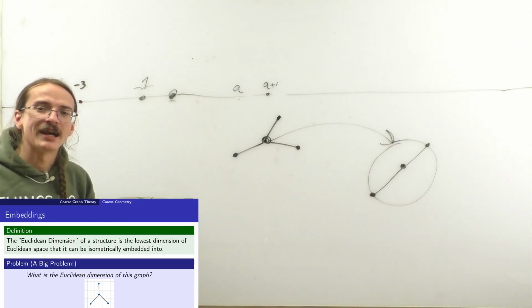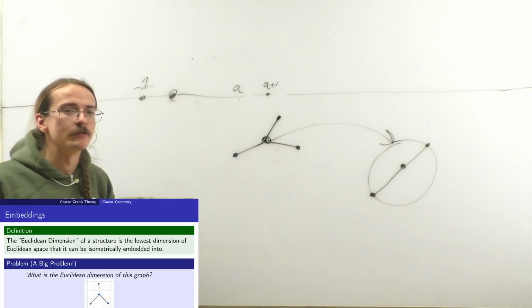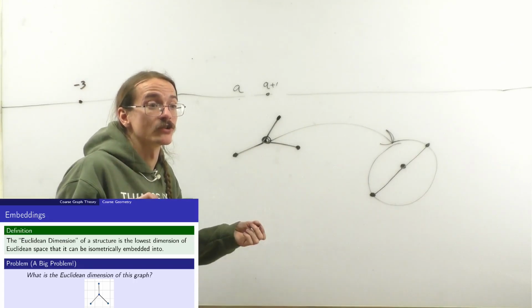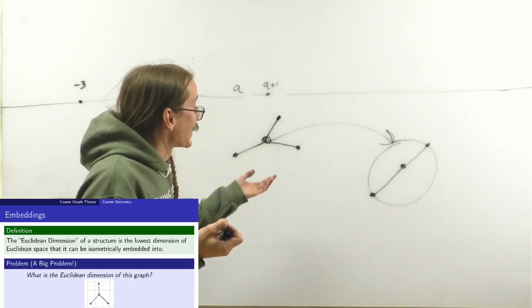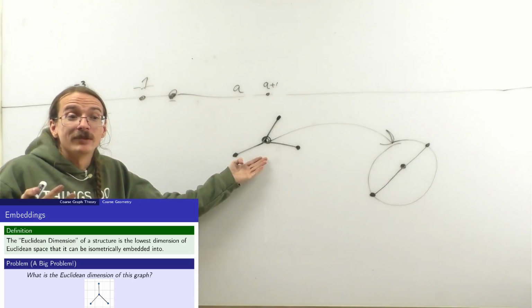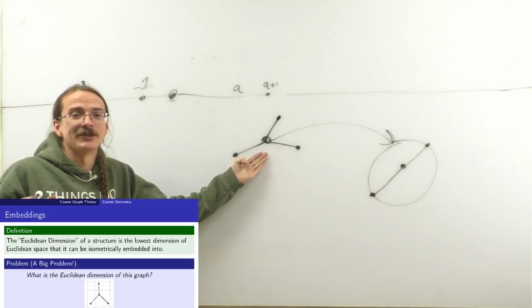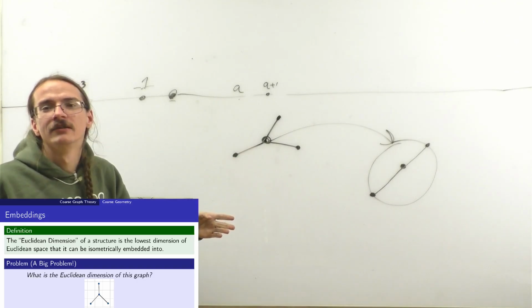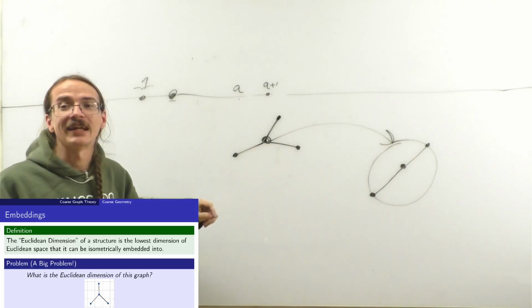So this is where the idea of Euclidean dimension implodes upon itself and crashes and burns. I don't care how many dimensions you give me, this thing can't exist in the real world. Okay. That's okay. Why? This thing's finite. We don't care.